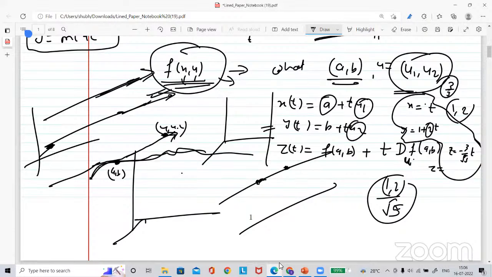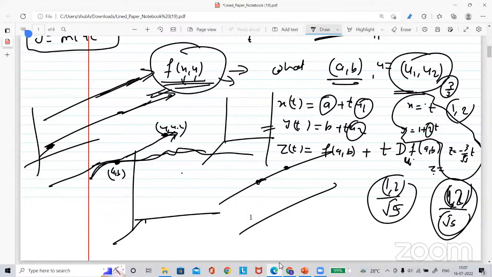You are thinking 1, 2 will give the unit vector. No, this tells you the direction. If this is not a unit vector, make it a unit vector by dividing by its norm. That's all.